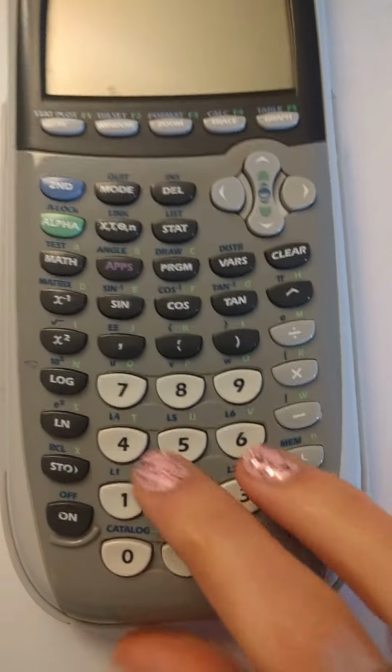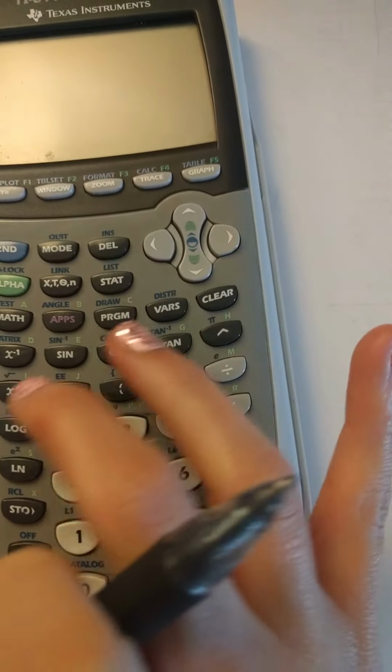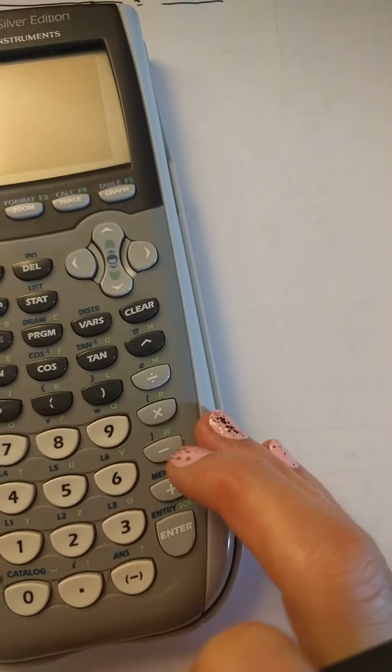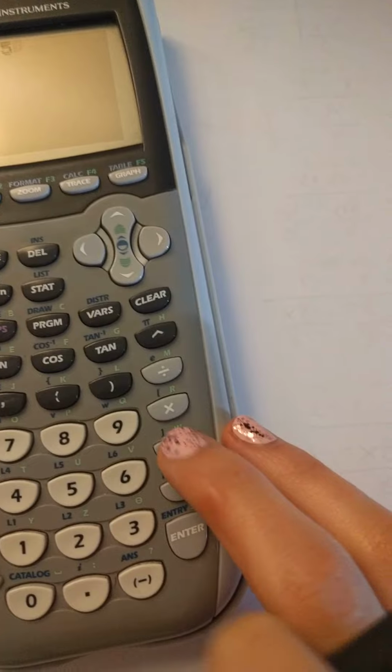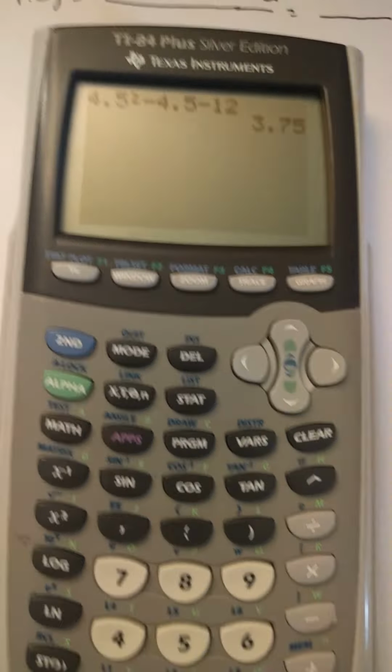So take 4.5, oh, this is really hard to do on the phone. Where's square? Okay, 4.5 squared minus 4.5 minus 12. Type that into your calculator and get a value.